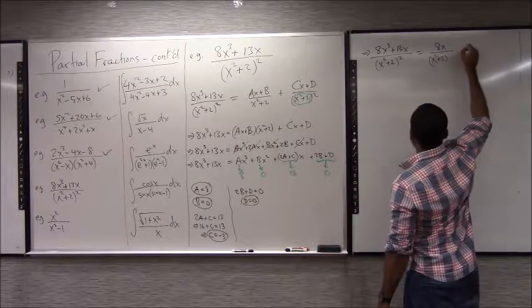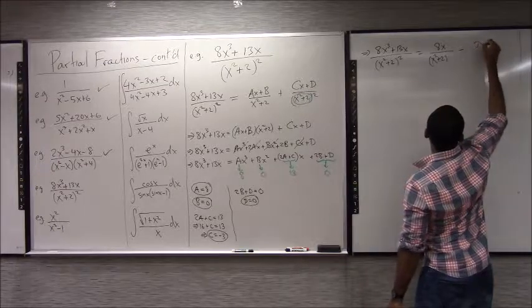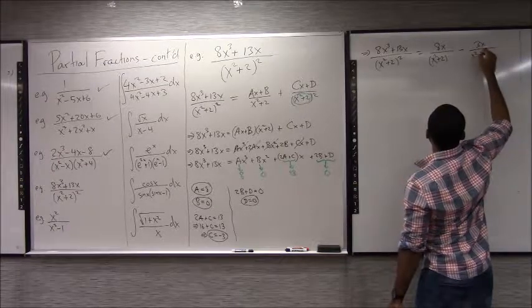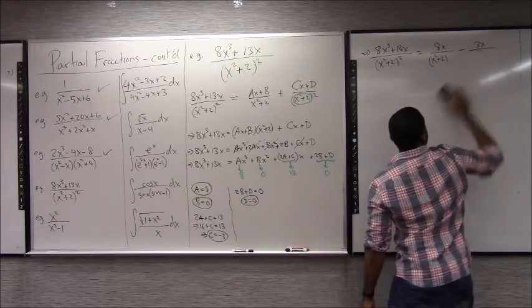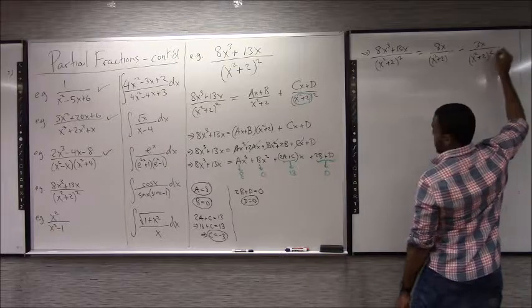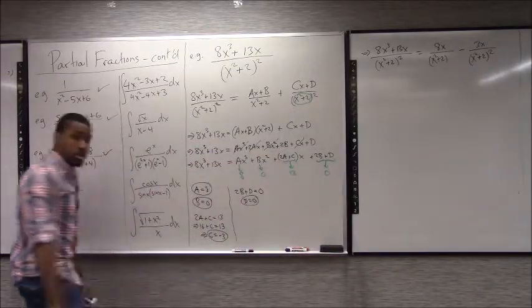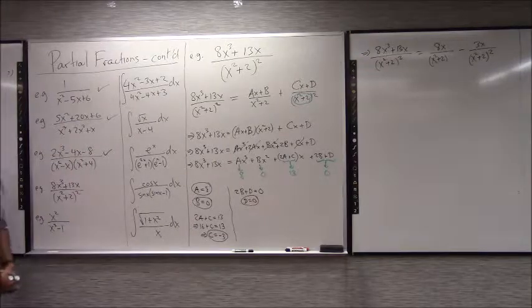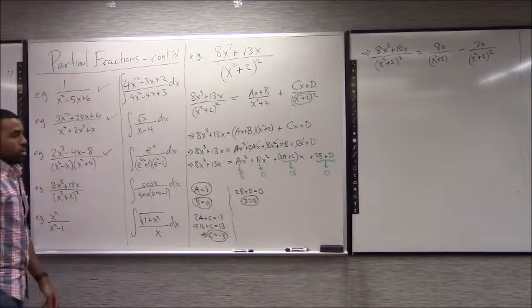B is 0. My c is -3. And the d is 0. So those are the two smaller fractions that guy would break up into. And in this case, I think method 2 would be a lot faster than method 1.